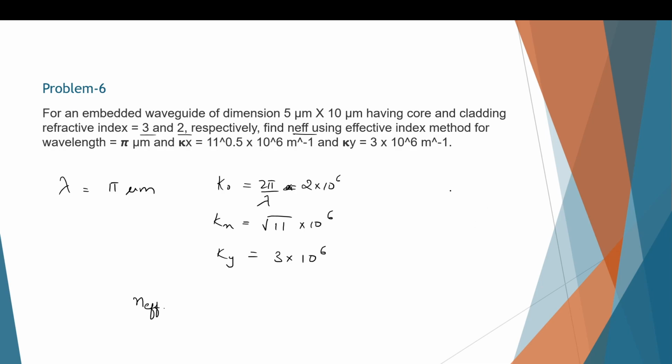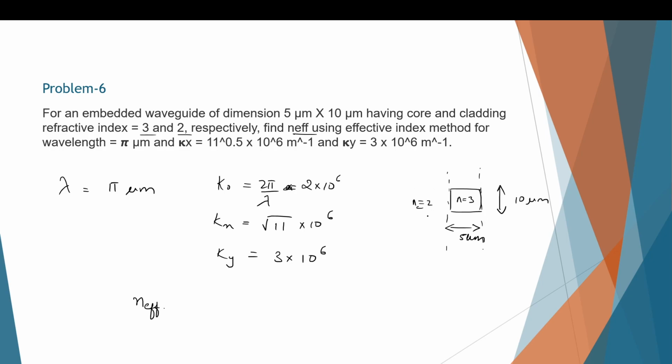So my n in this region is 3. This I think is 10 micrometers, this is 5 micrometers, and around it is n equal to 2. Whenever we use the effective index method, basically we are changing the confinement in 2 dimensions to a confinement in a single dimension.